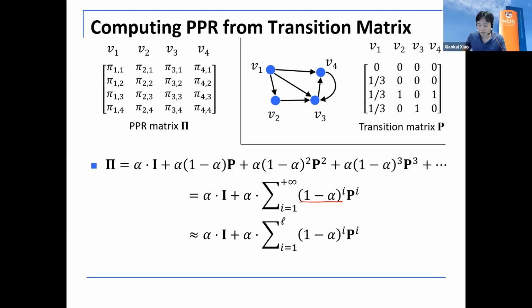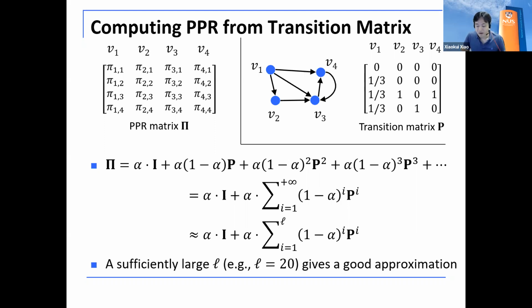So we can truncate the tail of this geometric sequence without losing too much accuracy. In particular, if alpha is set to 0.15, then retaining only the first 20 terms of this sequence would usually give a good enough approximation. So that is how we can compute the personalized PageRank matrix.